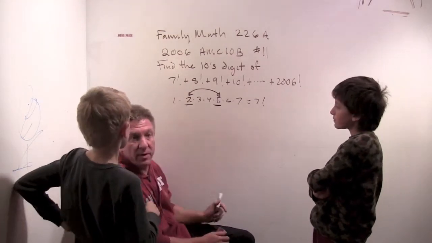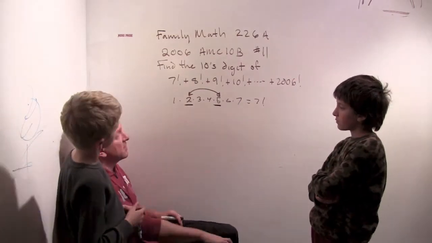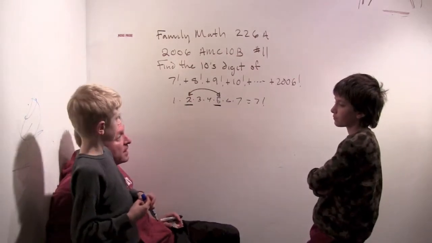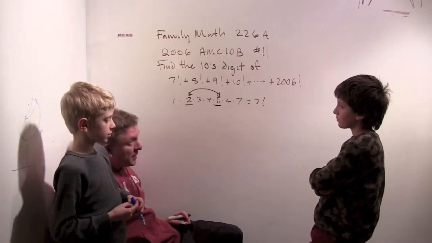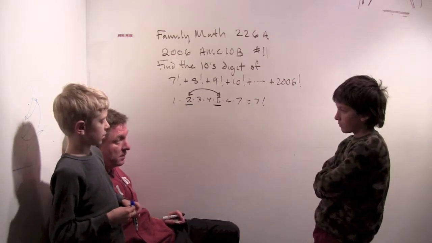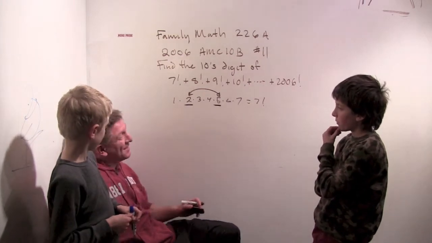Because you always have a 2 and a 5, that means the units digit of the sum is going to be 0. That is a great observation and really helpful in going to the next step. So, what's the next step?